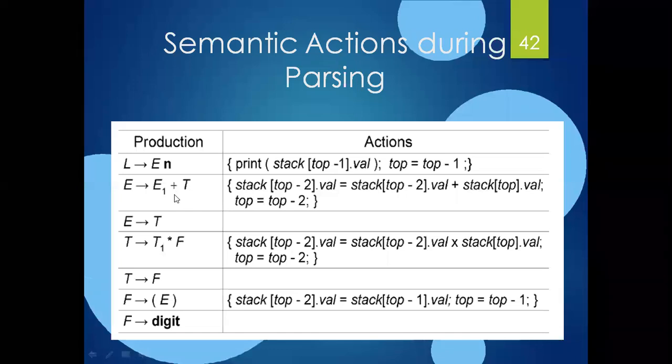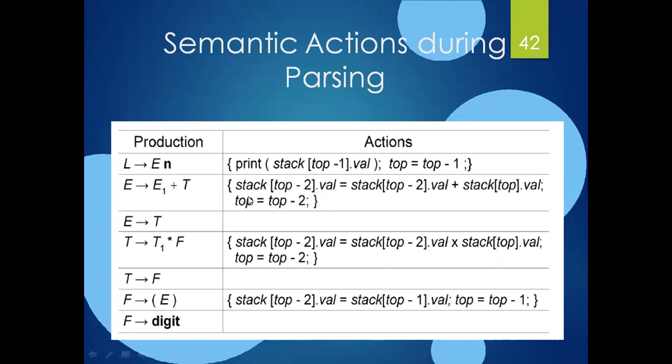When I'm checking the stack, the topmost position for the stack is T now. And top minus 1 is a plus, top minus 2 is an E, right? So stack of top minus 2 dot val is equal to stack of top minus 2 dot val plus stack of top dot val.